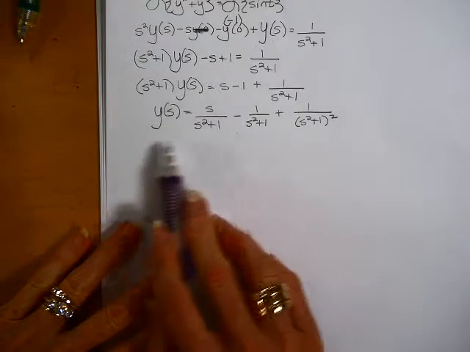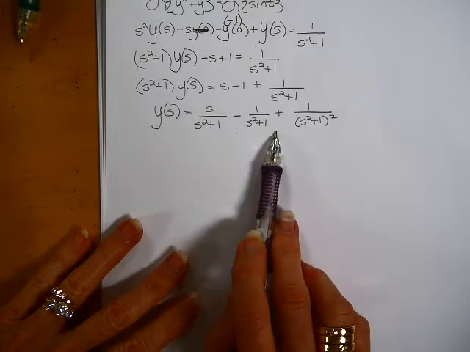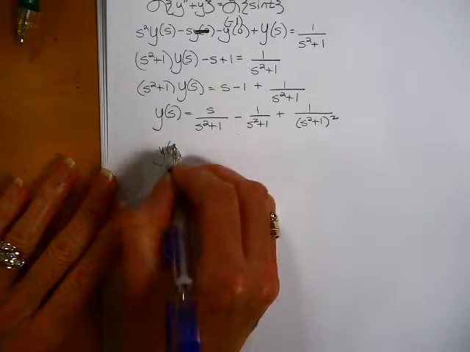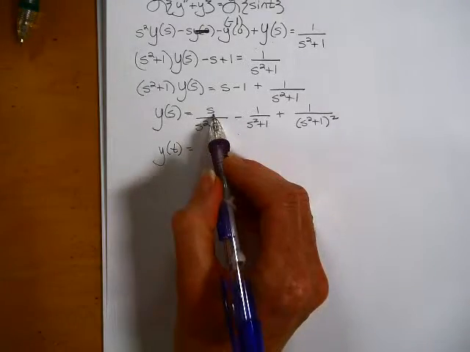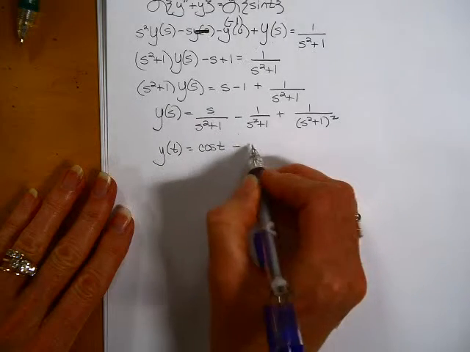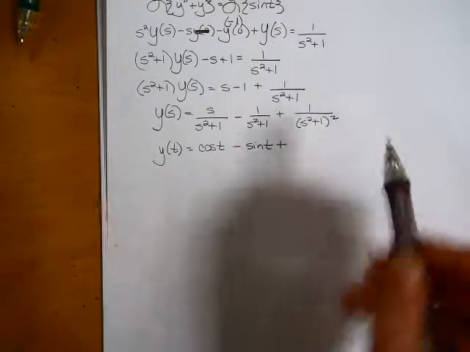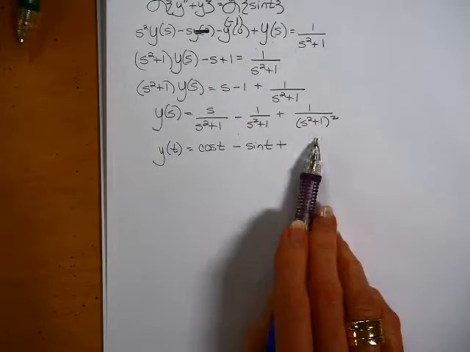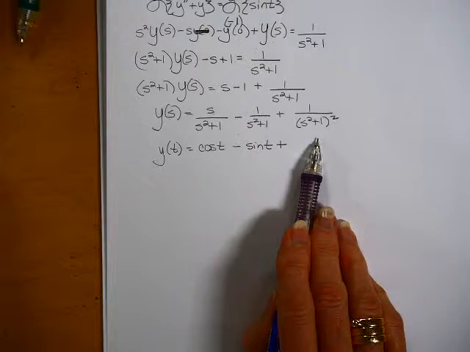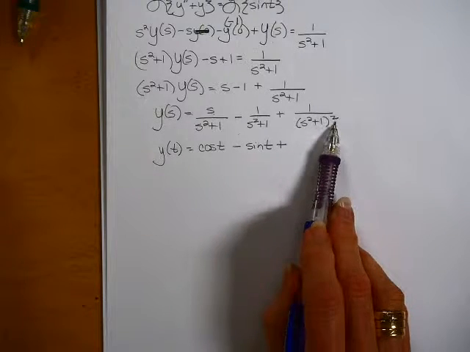All right, now I'm taking the inverse Laplace transform to get my function. These first two are just normal. There's nothing weird about these. You just look those up in your chart. So to get your function y of t, this one with s on the top is the cosine, minus this one, which is the sine of t, plus. All right, for this one, you have to find the correct form, and you're looking for something squared plus something squared, squared.